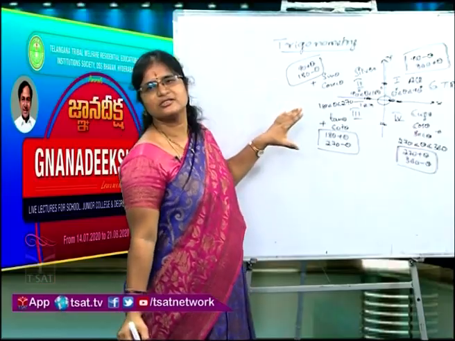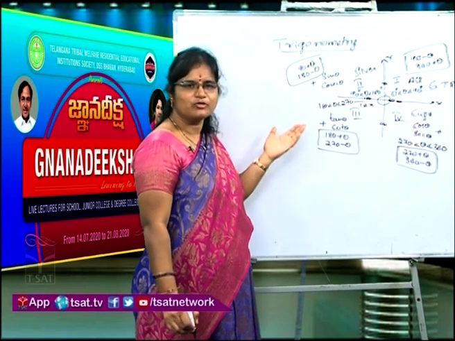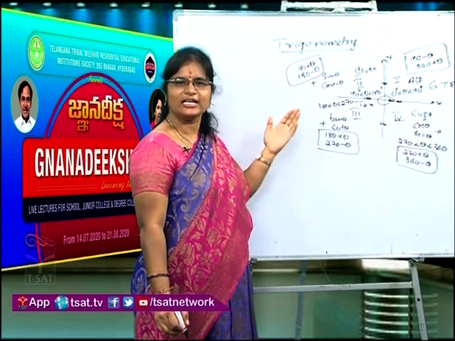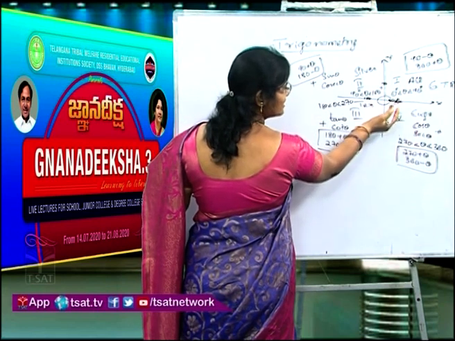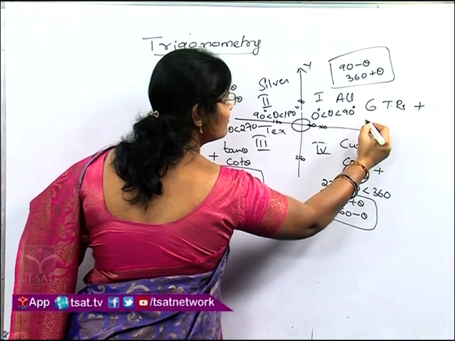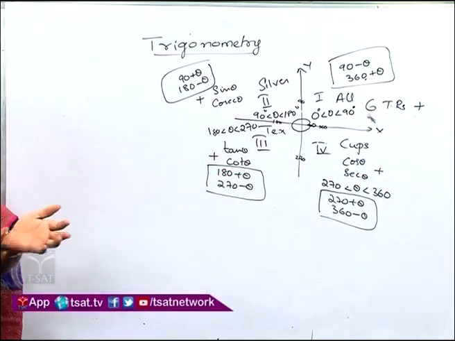If you remember this, children, then definitely you will know in which quadrant the trigonometric ratio falls and what sign it will have. And we have already seen that 360 plus theta falls again in the first quadrant.